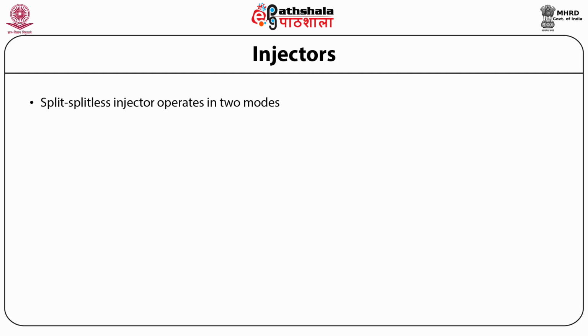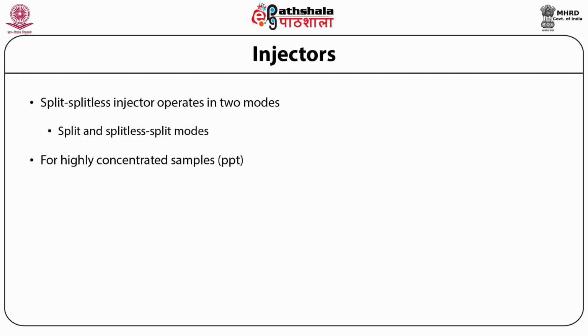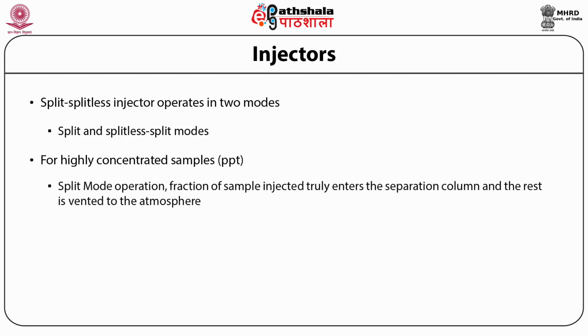The injector operates in two modes, split and splitless. If the sample solution contains highly concentrated levels of analyte, like parts per thousand, the injector is operated in split mode. That is, in split mode, only a fraction of the sample injected truly enters the separation column, and the rest is vented to the atmosphere.